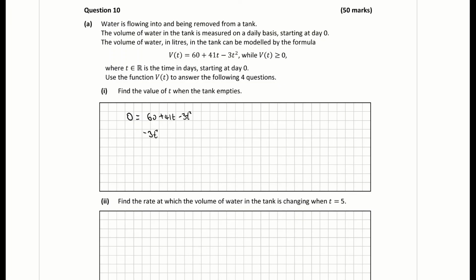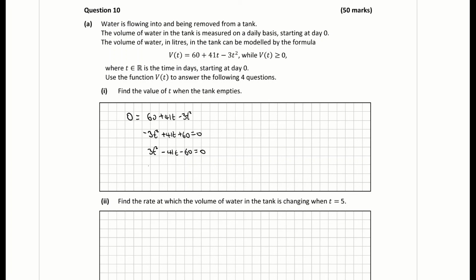So minus 3t squared plus 41t plus 60 equals 0. And I don't like having a negative in front of my t squared, so I'm just going to change the signs across the full equation. So that's the same as positive 3t squared, negative 41t, negative 60 equals negative 0, or just 0.